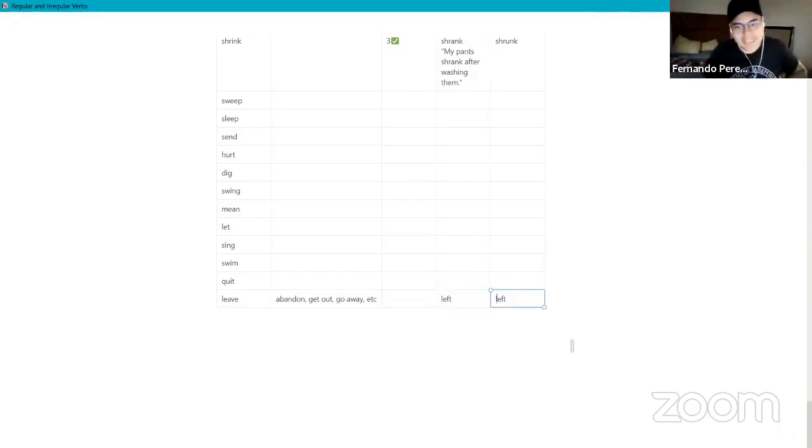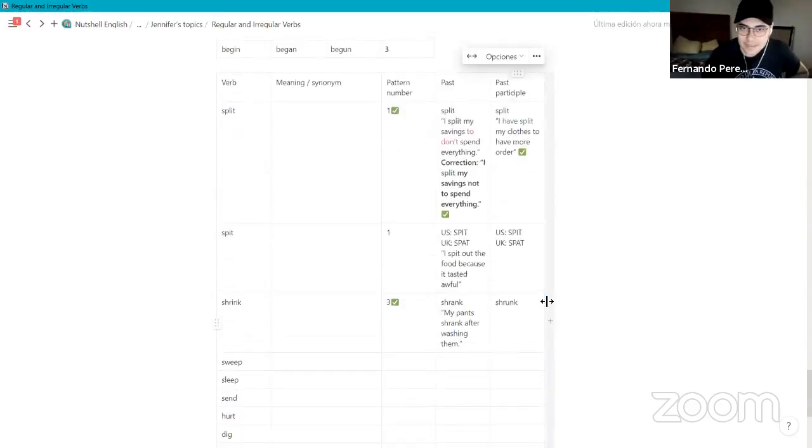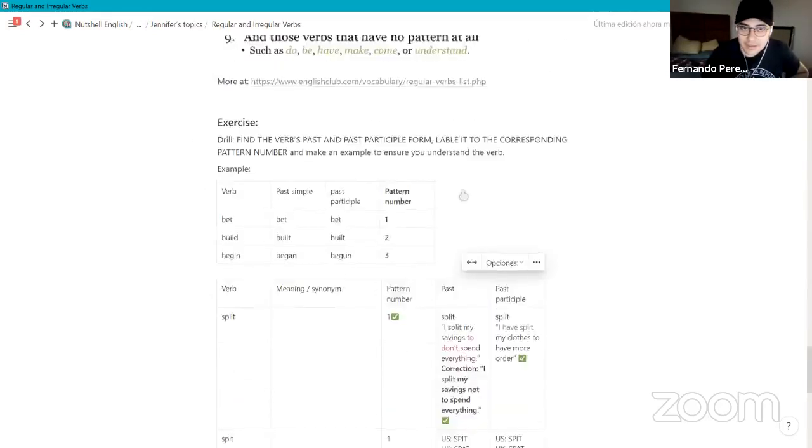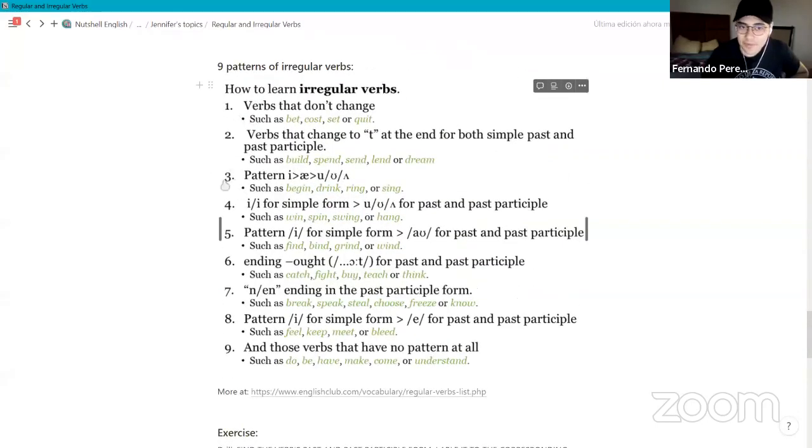And now I can detect the number pattern. In this case, pattern number 3. No, pattern number 2 says that verbs change to T at the end, like leave, present leave, and past.